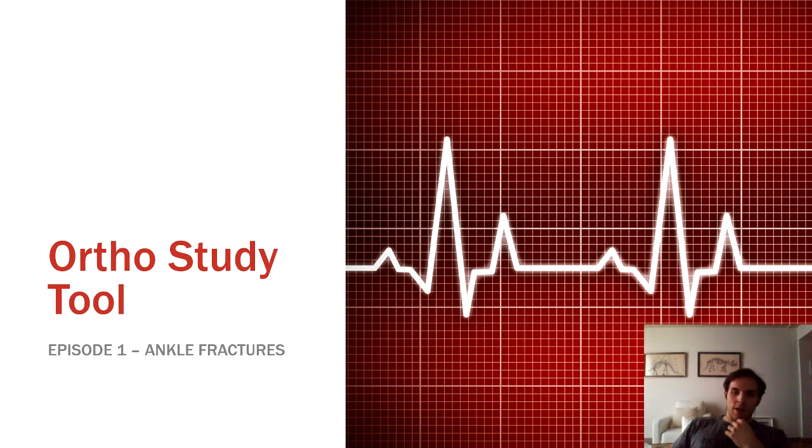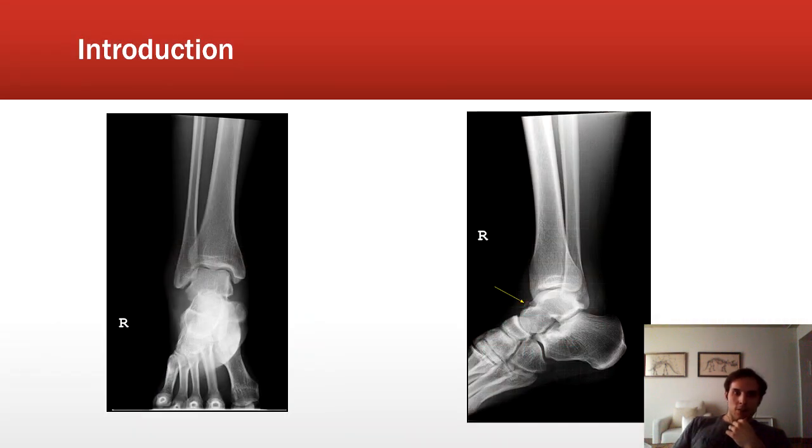Today we're talking about ankle fractures. All right, so just a quick introduction. We're looking at AP and lateral radiographs of the ankle. We have the tibia, fibula, talus. Those are the main bones that we're going to be focusing on when it comes to ankle fractures.